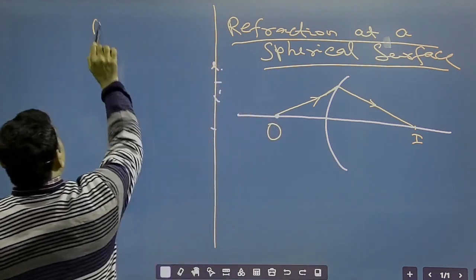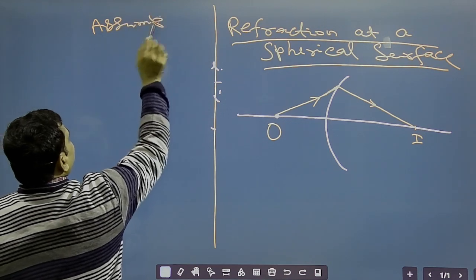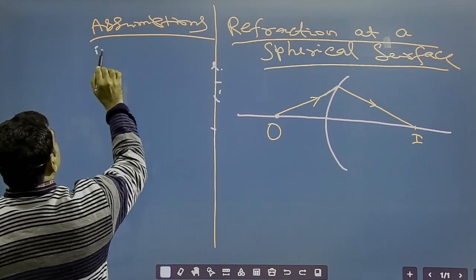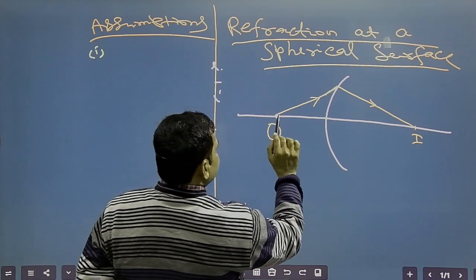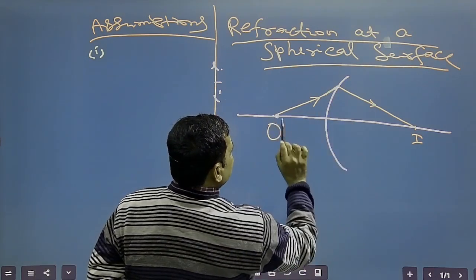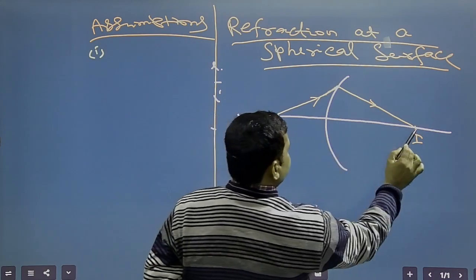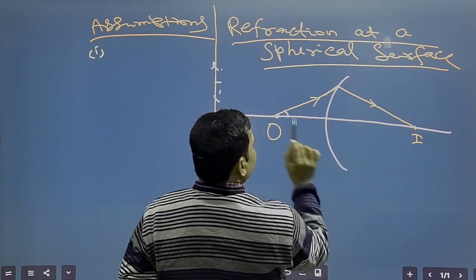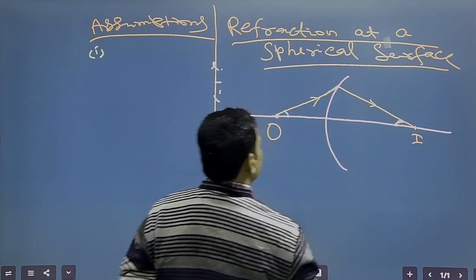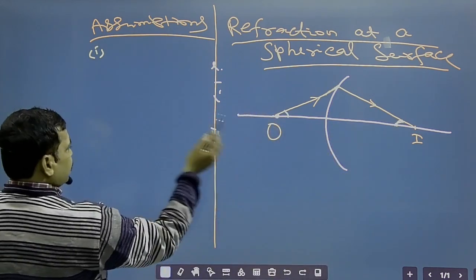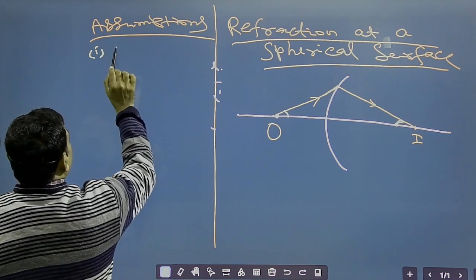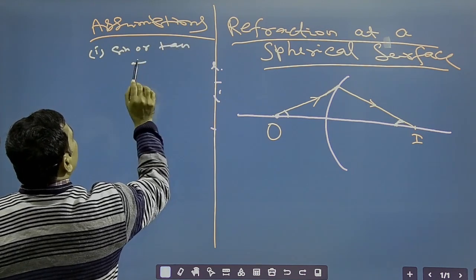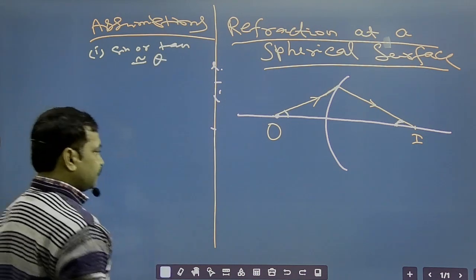So first assumption will be that the object and the image, that means the incident ray and the refracted ray, make very small angles with the principal axis, so that we can consider that sine of the angle or tan of that angle will be equal to the angle itself, right?